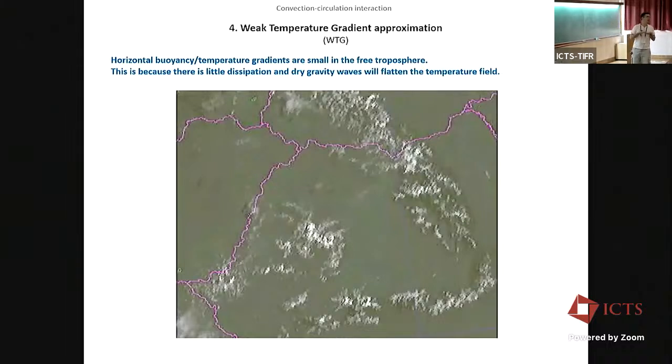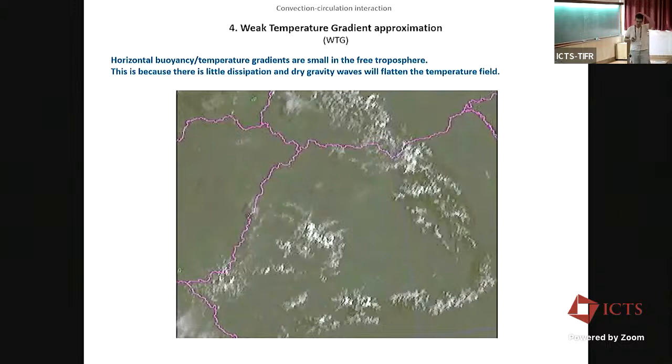That's because we don't have any dissipation. So any energy that you put will force gravity waves that will transport the energy away, essentially. And so that's done mostly by dry gravity waves, and then you can have also a balanced circulation that does that. We've seen with the theory of the Hadley circulation that the circulation flattens the isolines of temperature as well.